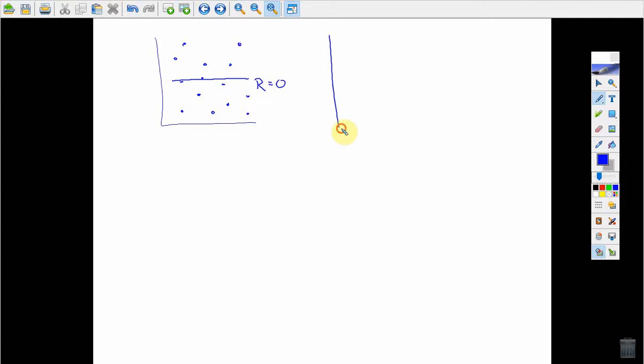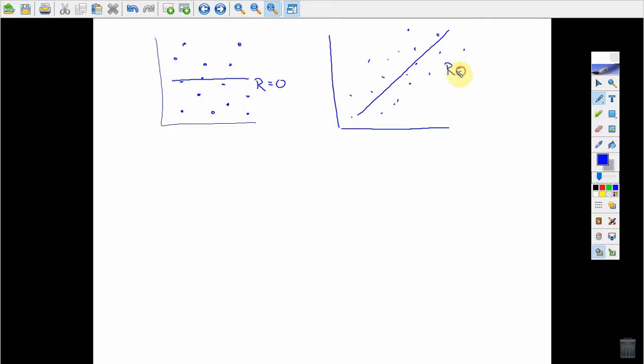Now, if we find that there is actually some positive correlation, in other words, the Y value is going up as we increase the X value, but it's still pretty scattered, we can put a line between there, but we're going to have a pretty low positive correlation. I'm going to make a number up.